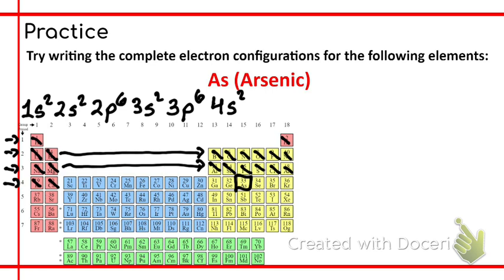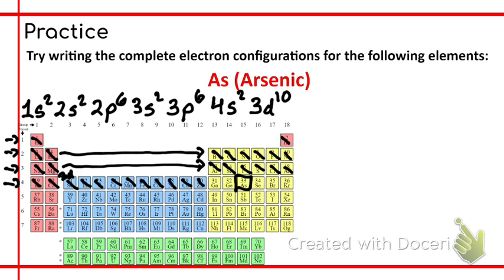So instead of it being 4D, it is going to be our 3D. Our D block is able to hold 10 electrons. So we get our 3d10.